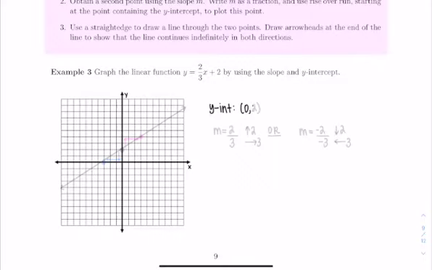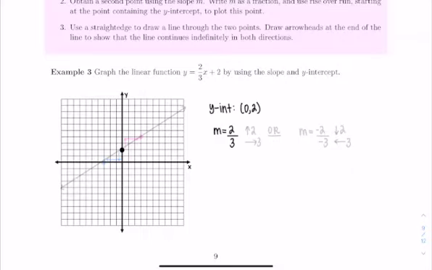And so my y-intercept is going to be the point (0, 2). And let's go ahead and plot that first. From this point, you're going to use the slope. So our slope in this case is the 2/3 that is attached to the x.